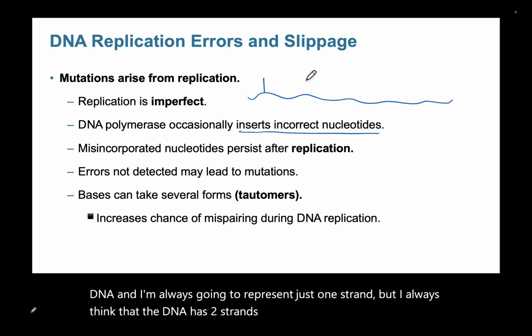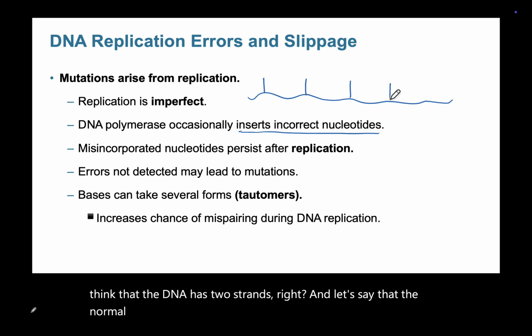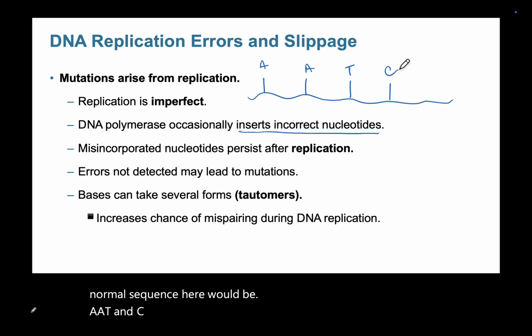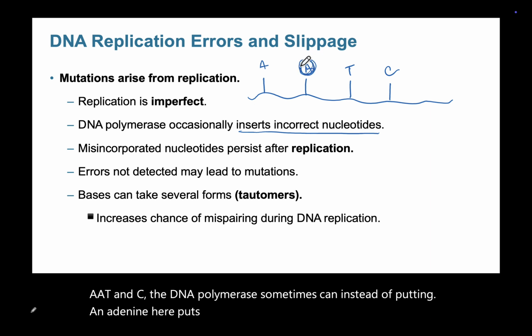And let's say that the normal sequence here would be A, T, and C. The DNA polymerase sometimes can, instead of putting an adenine here, put another base, such as guanine.